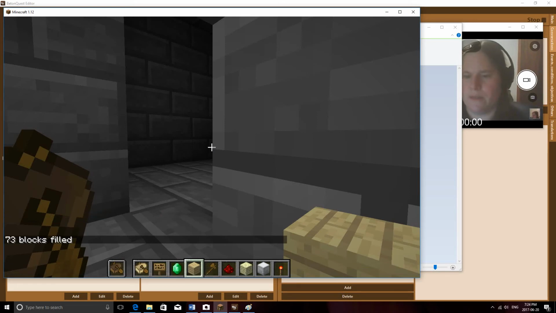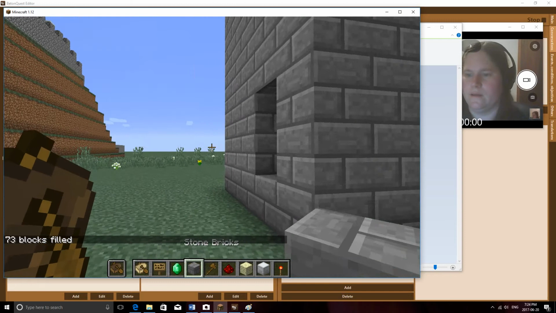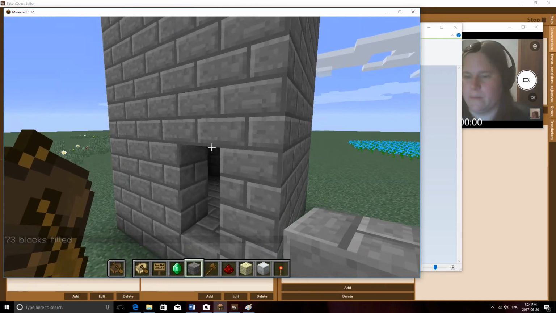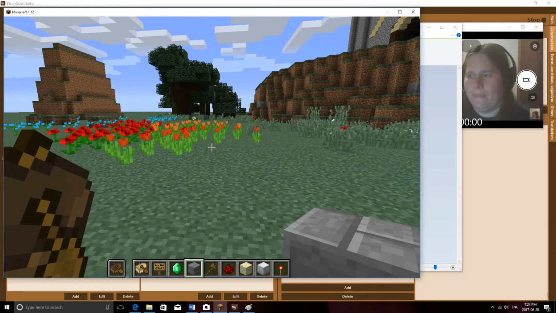We're also going to be doing things like building flying machines that use coordinates and command blocks to work. And we'll be working on some group builds together.